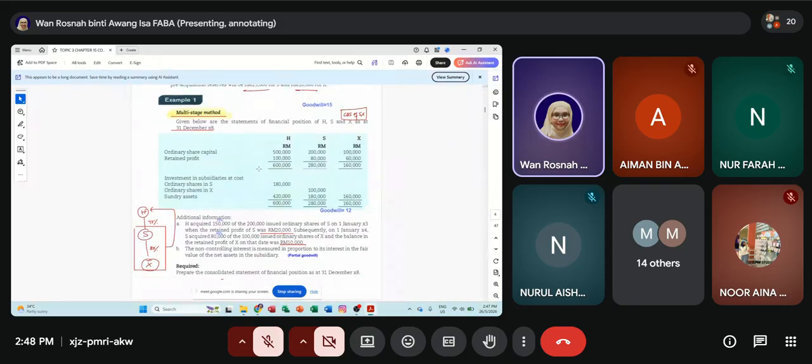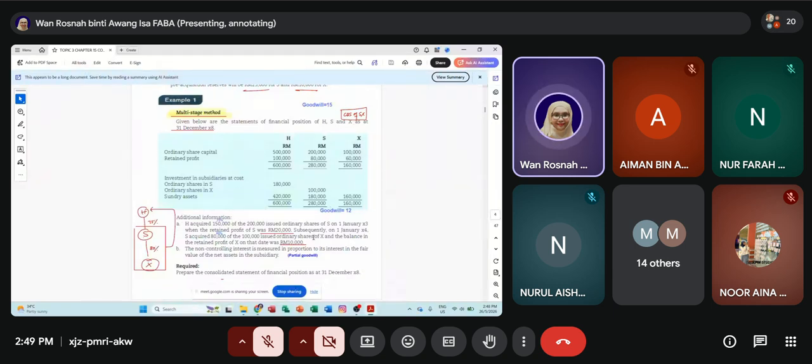Here, if you go through, you have retained profit, which you may identify as pre-acquisition profit. Retained profit is the only reserve they have. Very simple structure. So first of all, you need to identify the pre-acquisition reserves of S and X. Later on, when we go through the additional information, the pre-acquisition reserves are mentioned here.